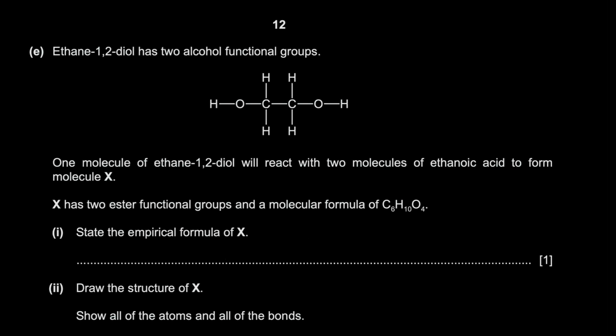State the empirical formula of this. I think if we just divide these values by 2, we'll get it. So it's going to be C3H5O2. Can't get any more simplified than that.